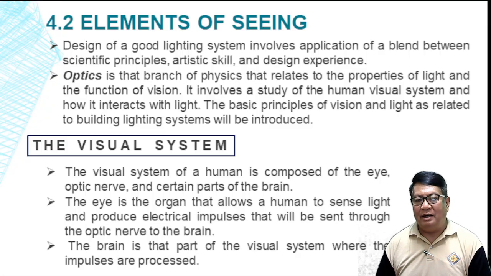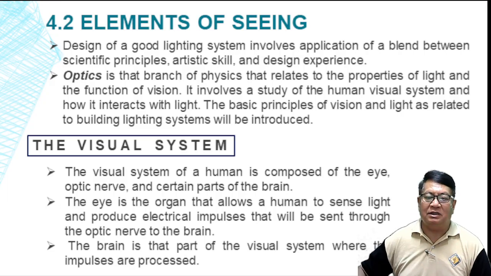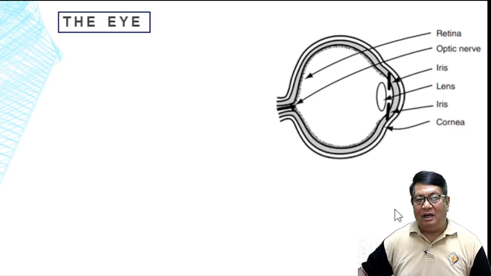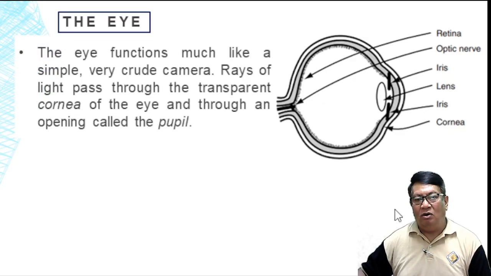The eye is the organ that allows a human to sense light and produce electrical impulses that will be sent through the optic nerve, as I've said, the medium of transmission, to the brain. And the brain is the part of the visual system where the impulses are processed, so that the brain can give an idea of the color or what the lighting system is all about.